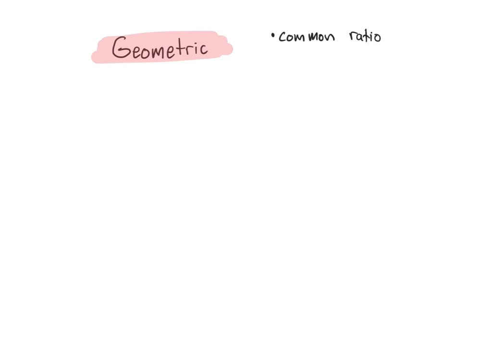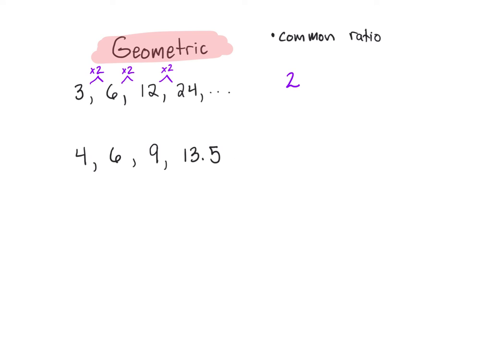In this first sequence, we can see that as we go from term to term, the term values are doubling. So the common ratio here is 2. In our next sequence, it's not as easy to see what the common ratio is.